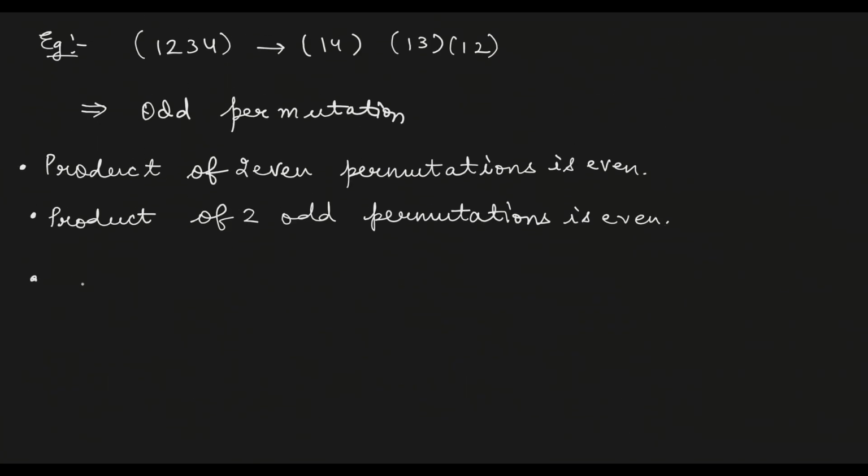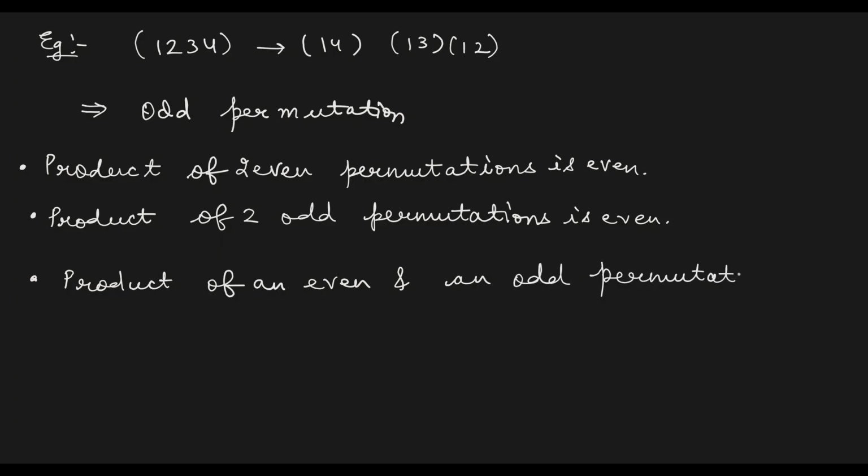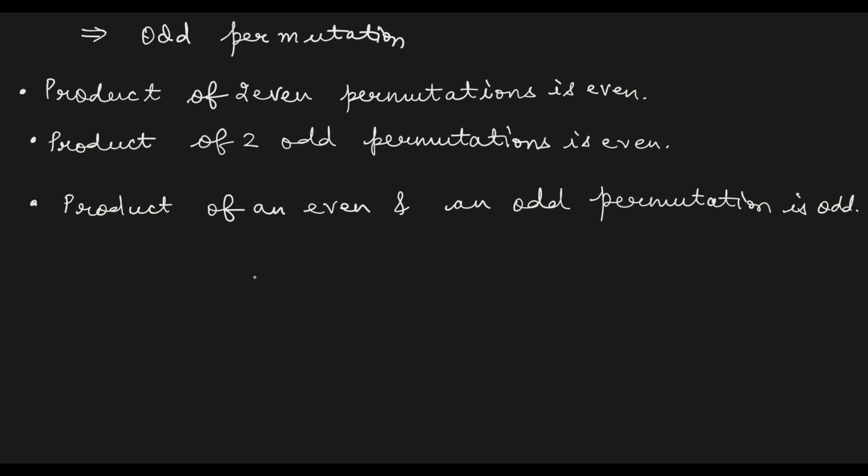Product of an even and an odd permutation is odd.